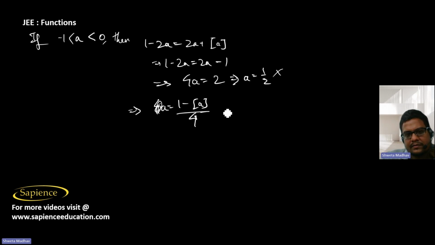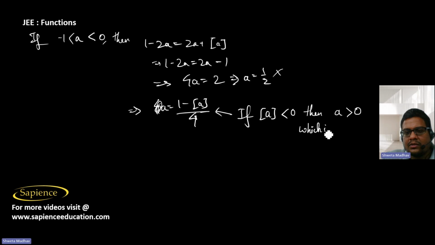So now if bracket a is negative, then this will be positive only. Here we can say that if bracket a is negative, then a will be positive, which is not possible. If a is positive, then bracket a cannot be negative.